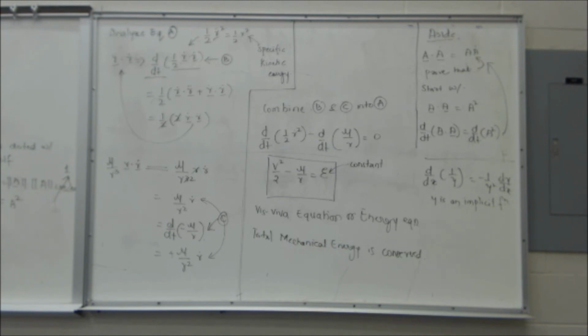The second derivation we looked at was this one. What this means is, over the duration of this course, you'll understand that Keplerian orbits are limited to a single plane. You know what that means?